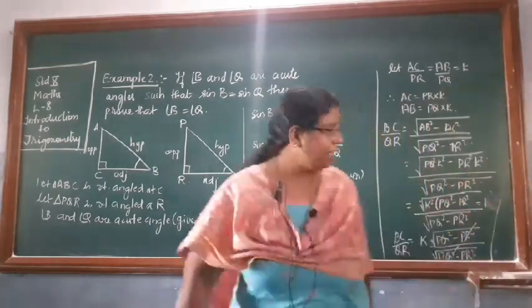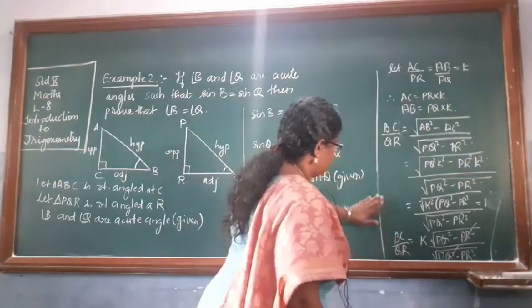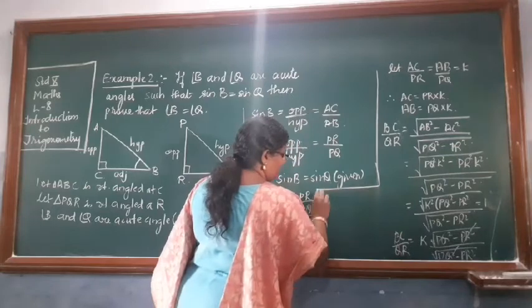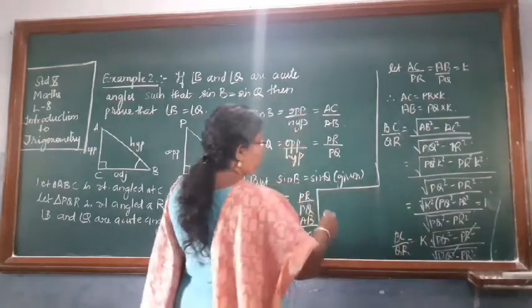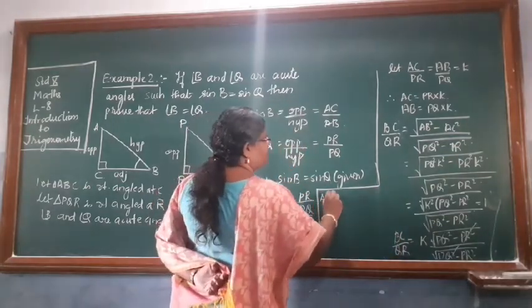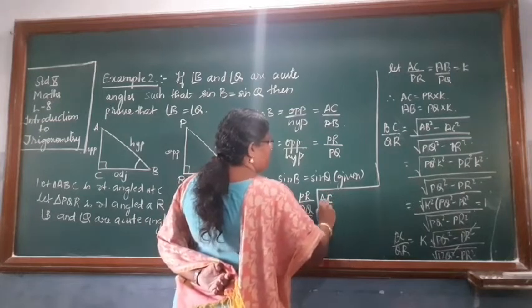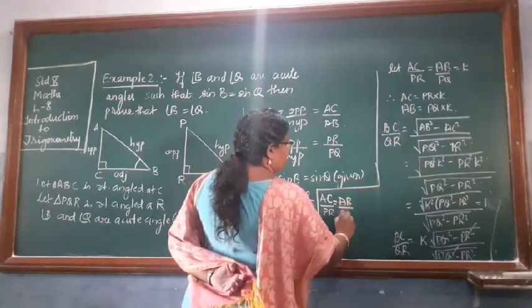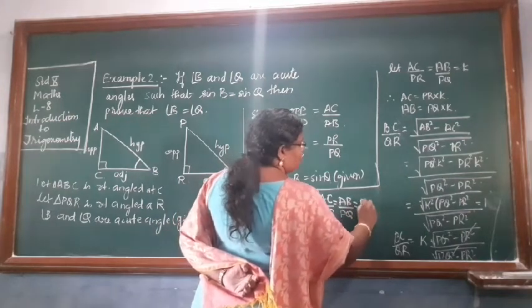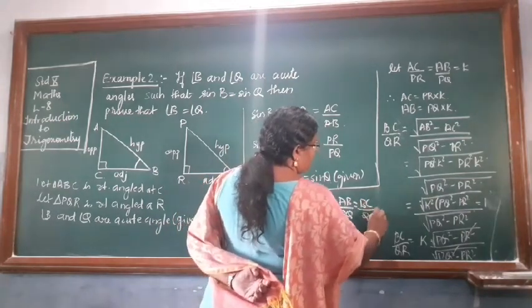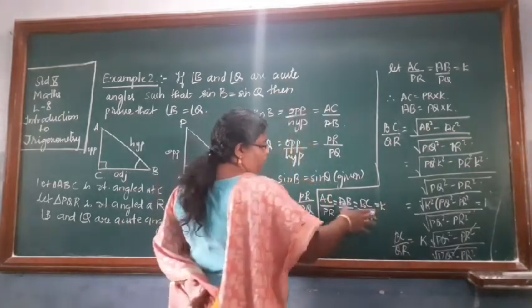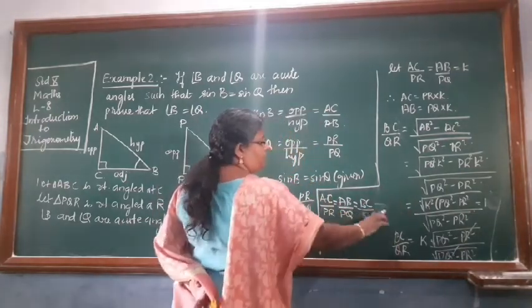So can I write it here? I have all the three sides in ratio, that is AC by PR equal to AB by PQ equal to BC by QR, all are equal to K. So I have all these three sides in ratio.